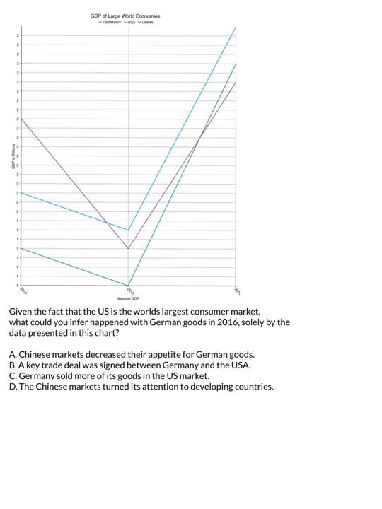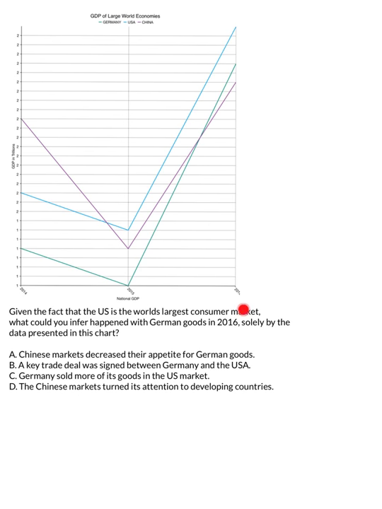And then they also say, given the fact that the U.S. is the world's largest consumer market, so it's giving you some information that the United States market is the largest value of consumer purchasing of consumer goods. Okay, so you want to hone in on those two words and also infer, which means draw a conclusion from.